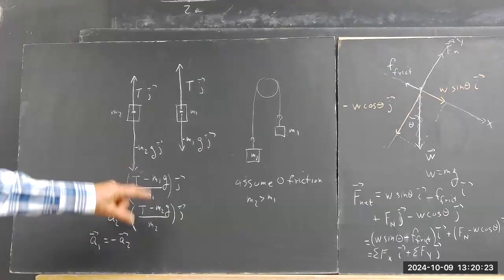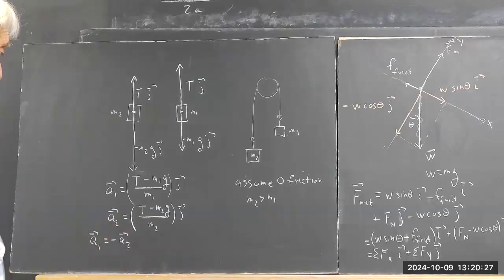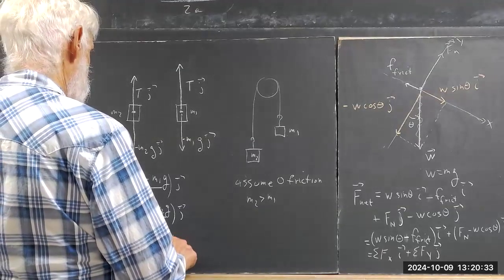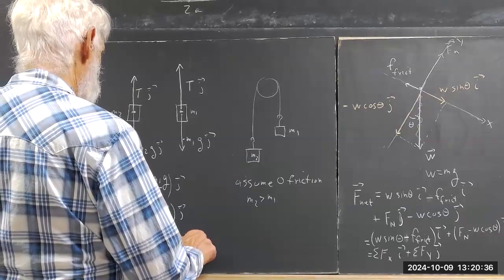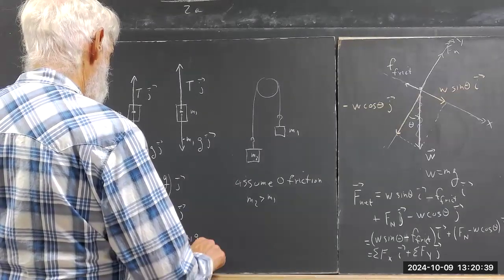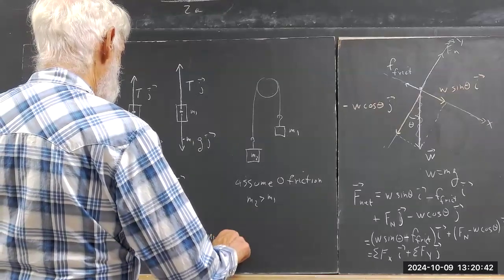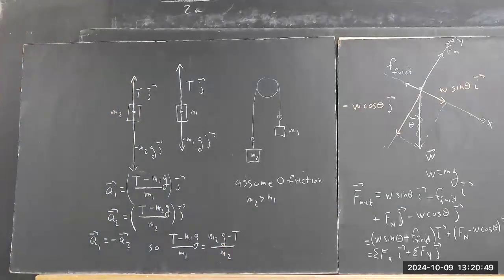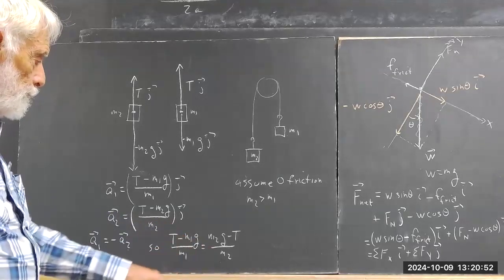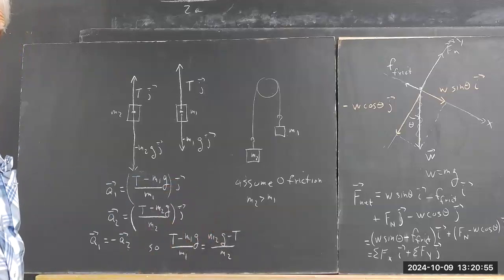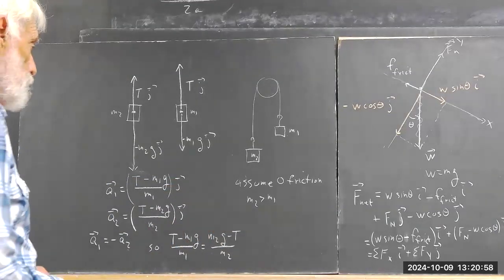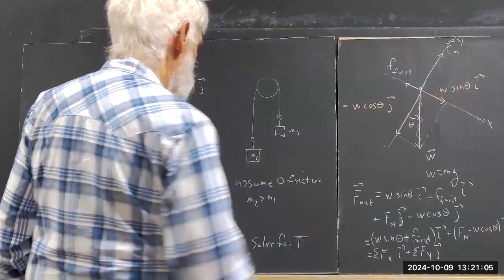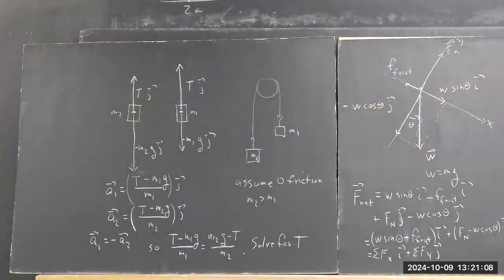Then all you have to do is set this equal to the negative of this. You know M1, you know M2, you know T, and of course you know g. That's a set of equations you can solve for T.